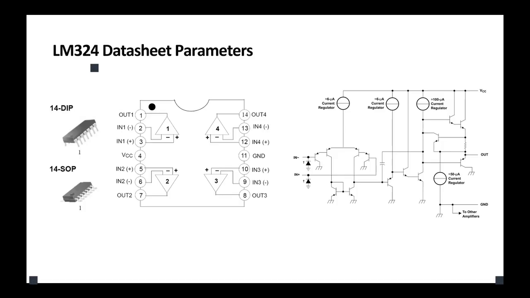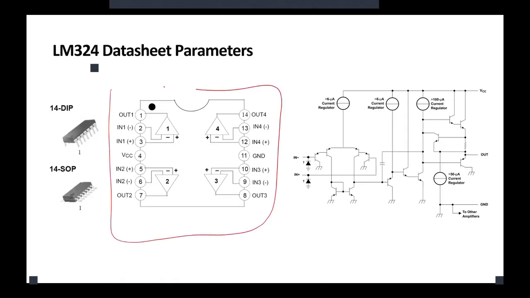Now, let's talk about the actual device and the first step of knowing how to work with it. As you can see here, this is what an actual LM324 looks like. When you look at that op amp, you would notice a dot at one of the edges.